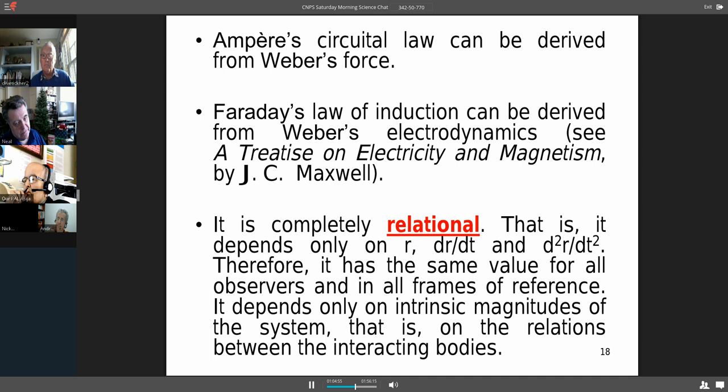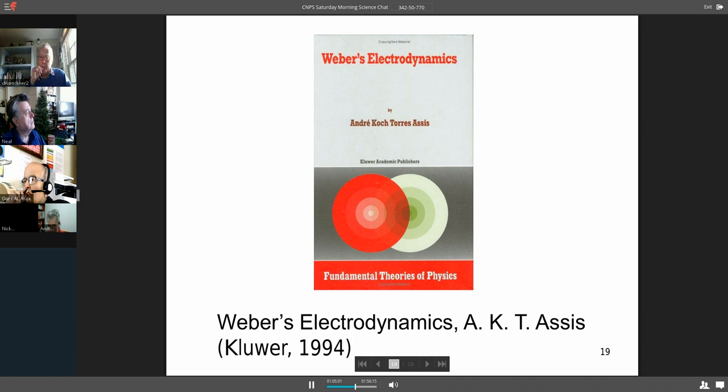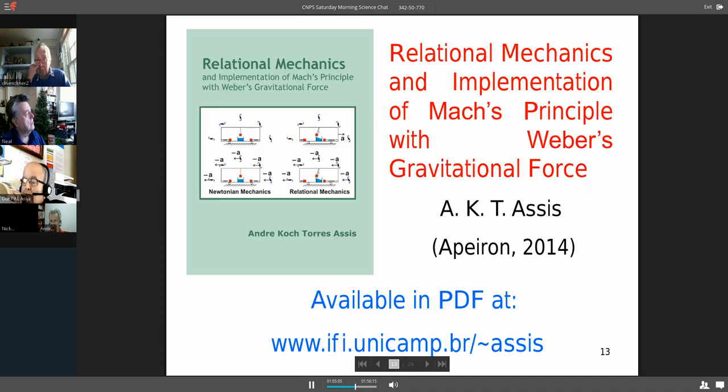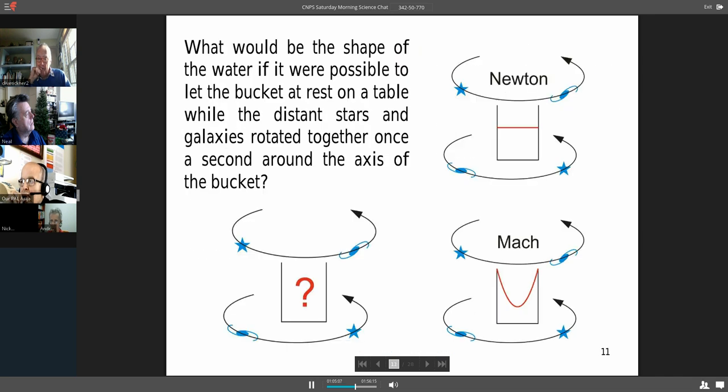I agree, but you see, the essence of Mach's principle is already in this idea. Let me go back to the thought experiment by Ernst Mach, here in slide 11.